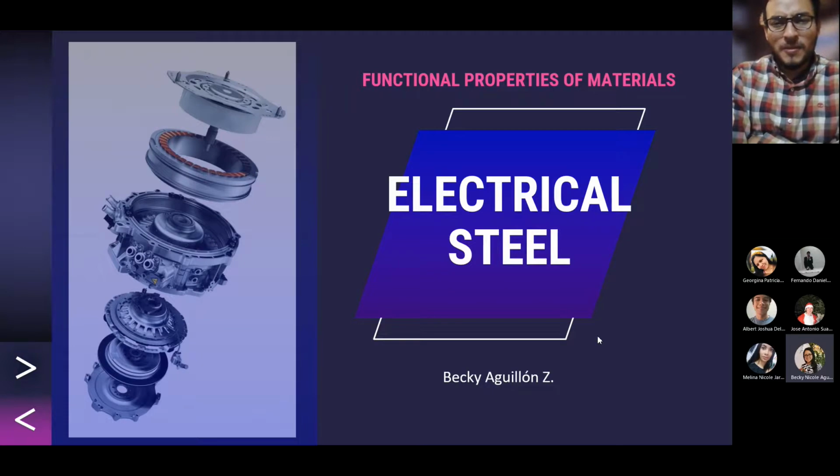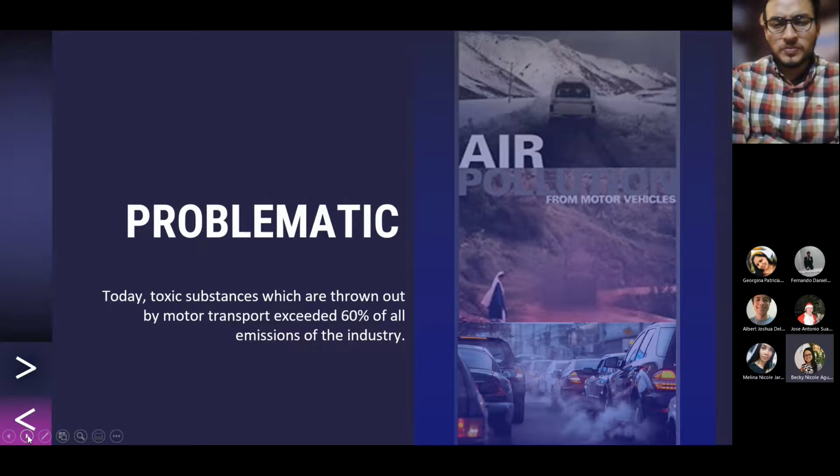I'm going to present about electrical steering. Well, this is the problematic. At present, the automobile has become the main means of transportation for most of humanity, but unfortunately, it is the worst leading pollution of the environment.